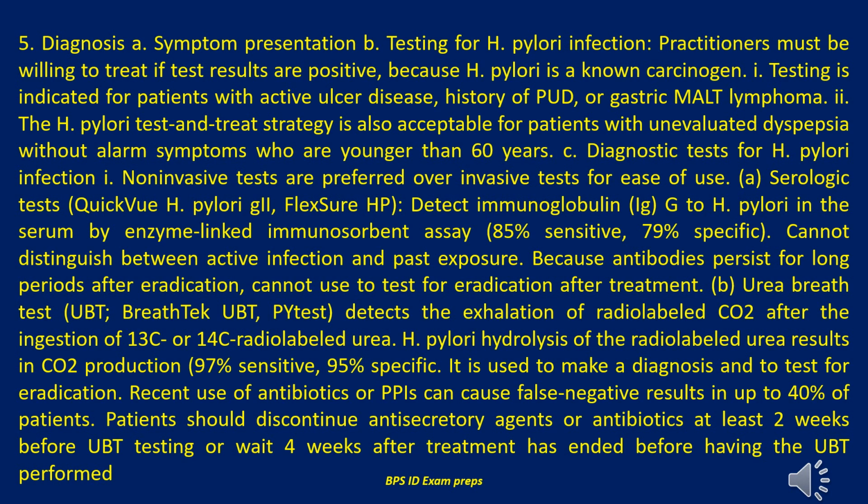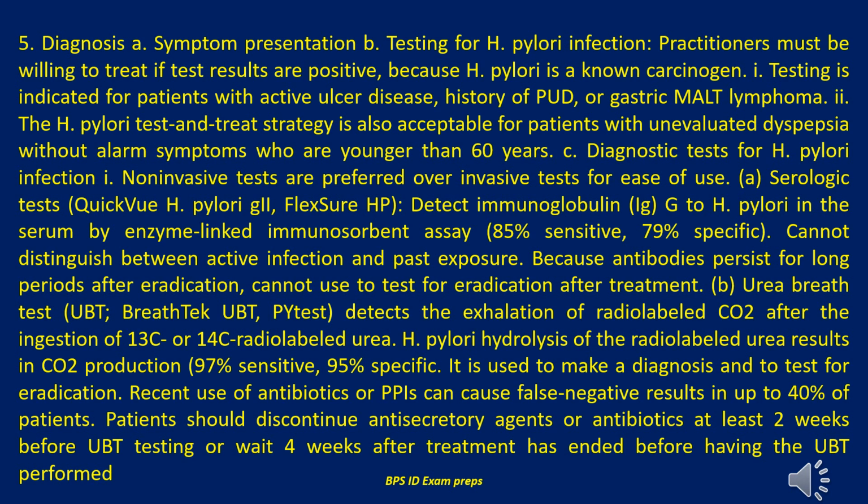They are 85% sensitive and 79% specific. Using these tests, we cannot distinguish between active infection and past exposure. Because antibodies persist for long periods after eradication, we cannot use them to test for eradication after treatment.